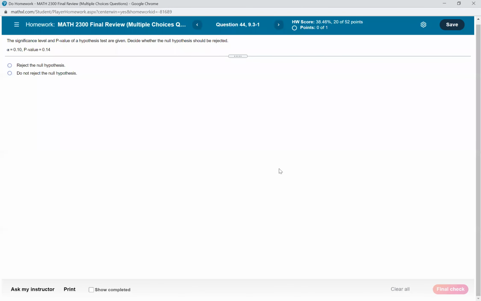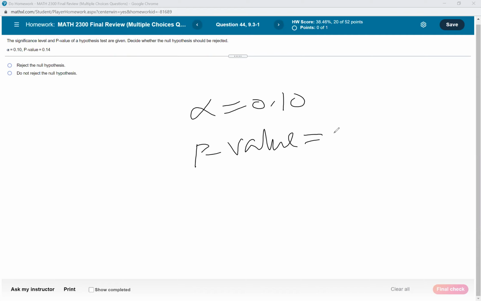Okay, the significance level and p-value of a hypothesis test are given. So alpha is 0.10 and the p-value is 0.14. Based on these two pieces of information, do we reject the null or fail to reject the null?